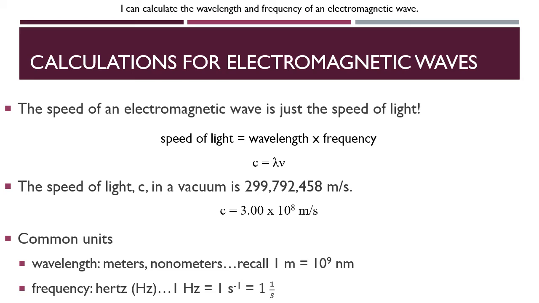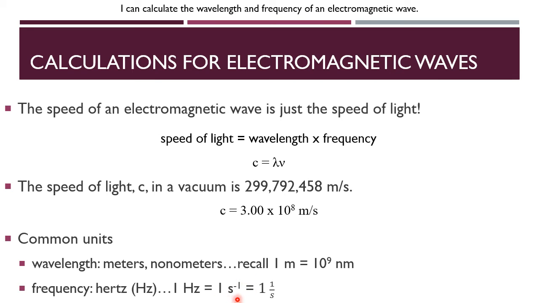For frequency, the common unit is known as the hertz, and that symbol is a capital H, lowercase z. At first it might seem like, geez, how is that the unit for a frequency? Well, 1 hertz is the same thing as 1 wave per second, or 1 inverse second as it's sometimes written.